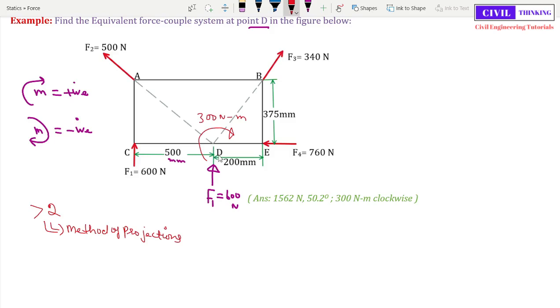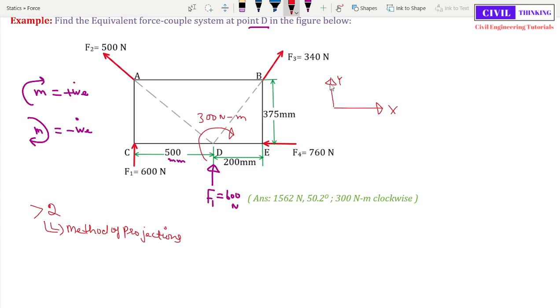Now in the method of projections, let us say this is the positive y-axis and this is the positive x-axis. We find the x and y component of each force. Then we add the x components separately and the y components separately, and we get only two forces in the x and y directions.